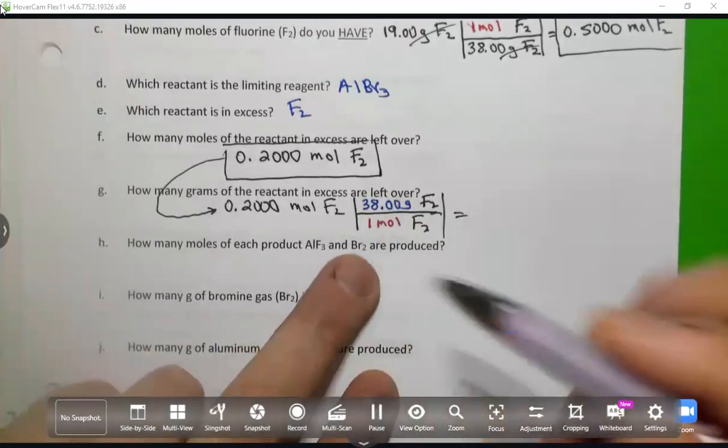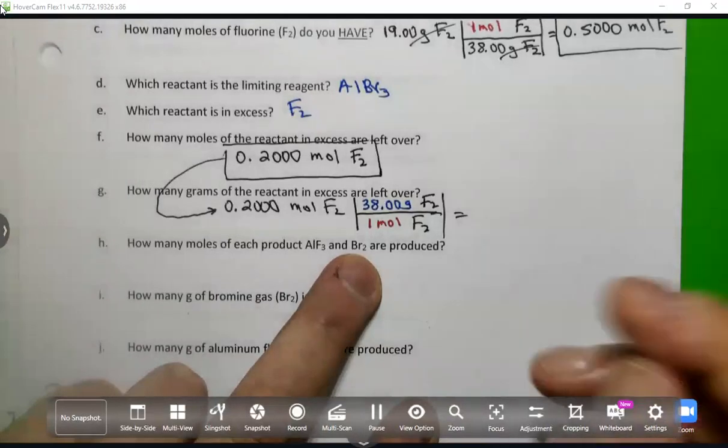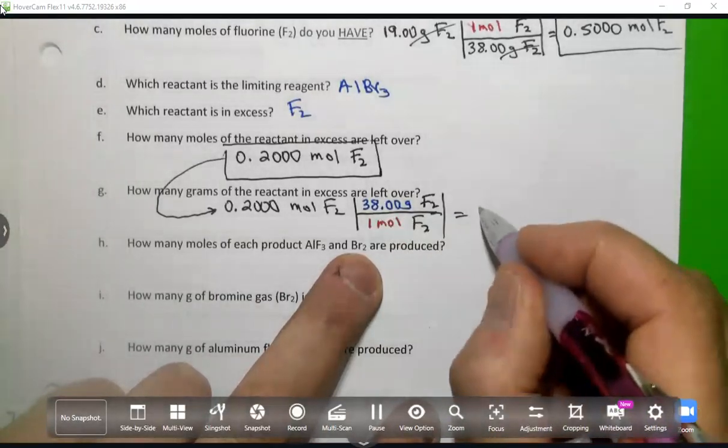So 0.2 times 38. 0.2 times 38 should be 7.600. Okay.